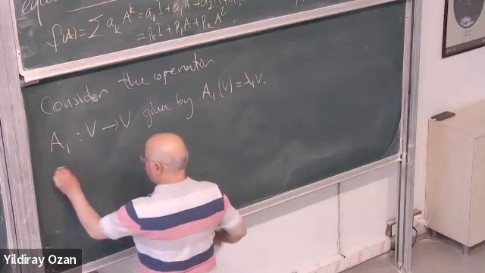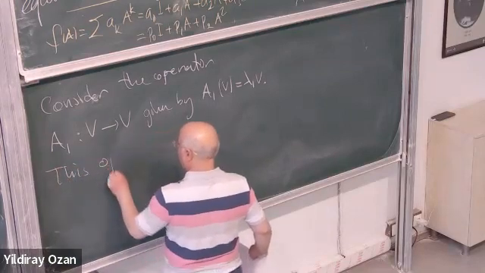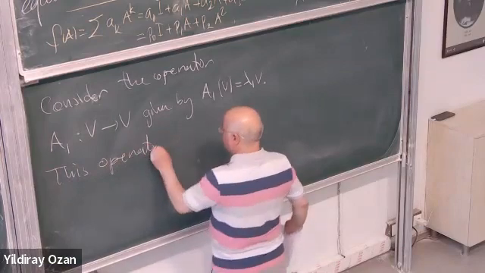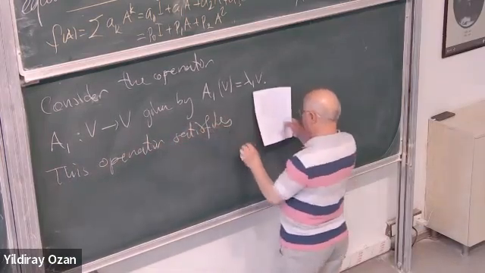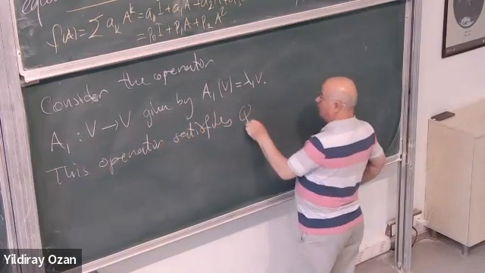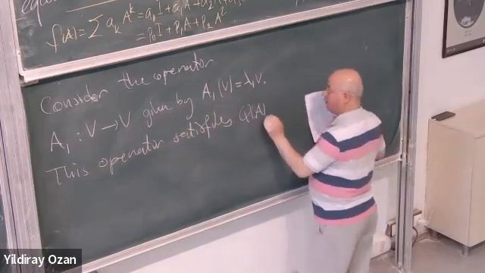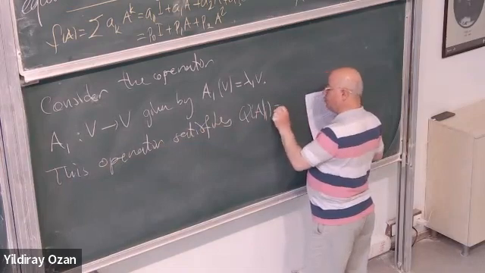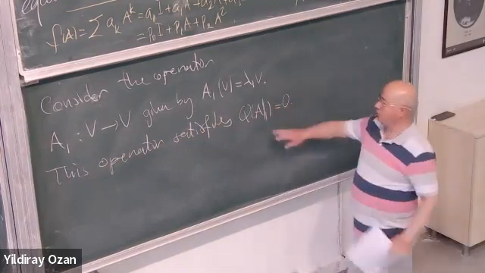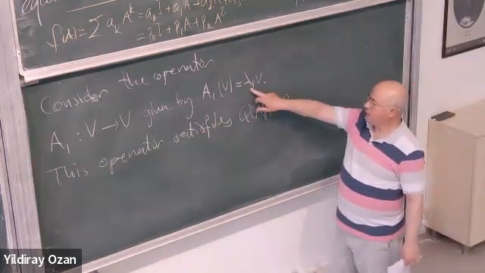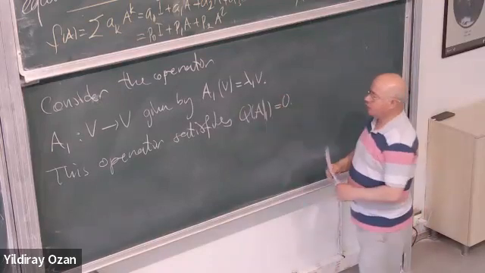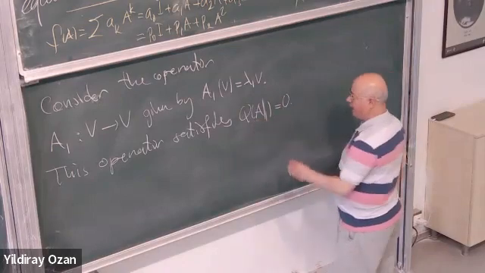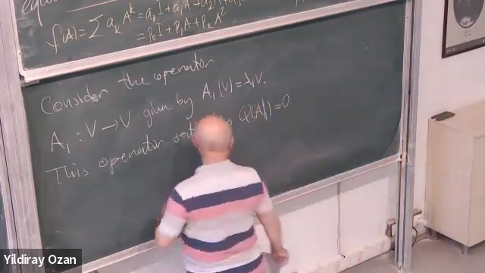This operator satisfies this: Q of A1 equals 0, because lambda 1 is the only eigenvalue of this operator. Why is this?